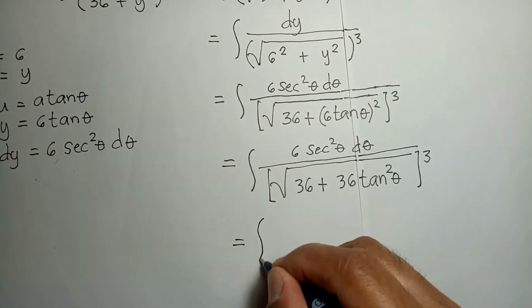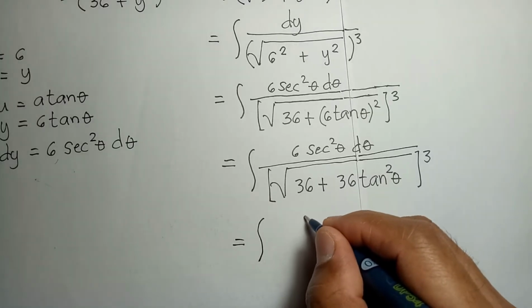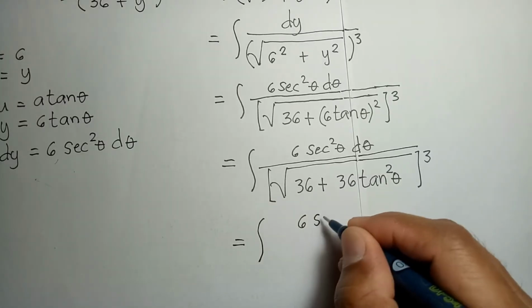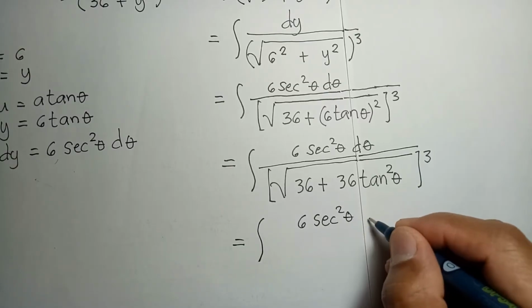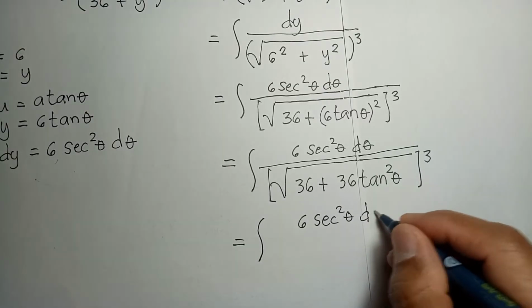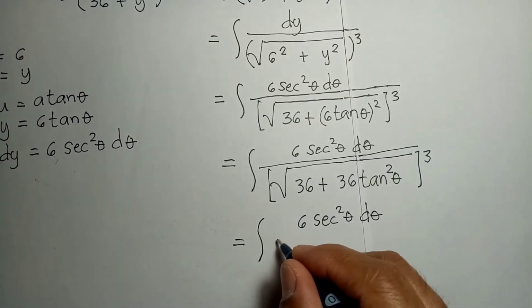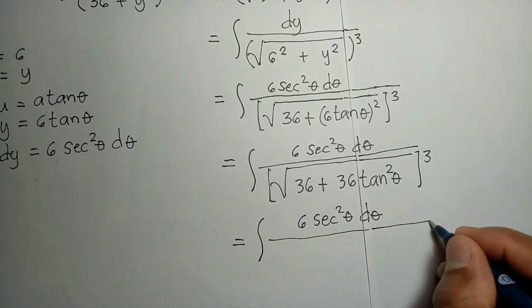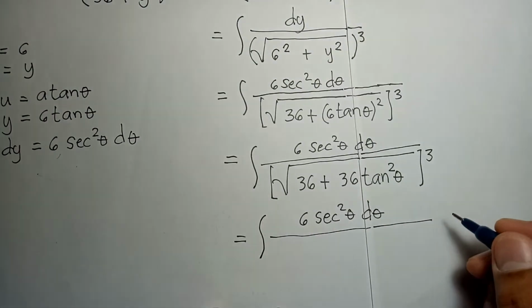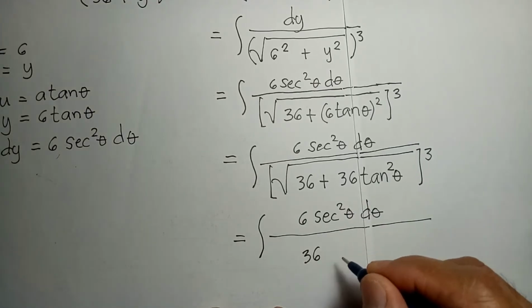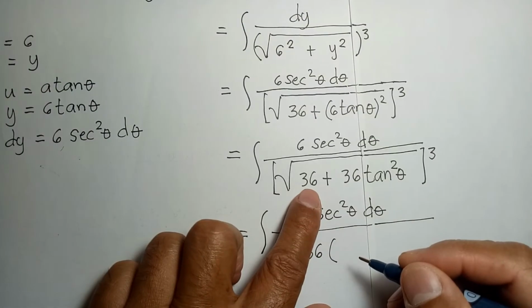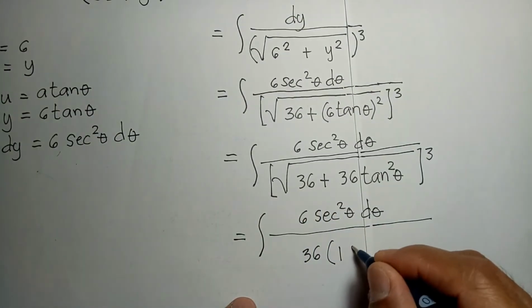So, integral sign ng ating numerator, 6 secant squared theta d theta, divided by, so, lalabas natin yung 36. So, ang natira dito ay 1.